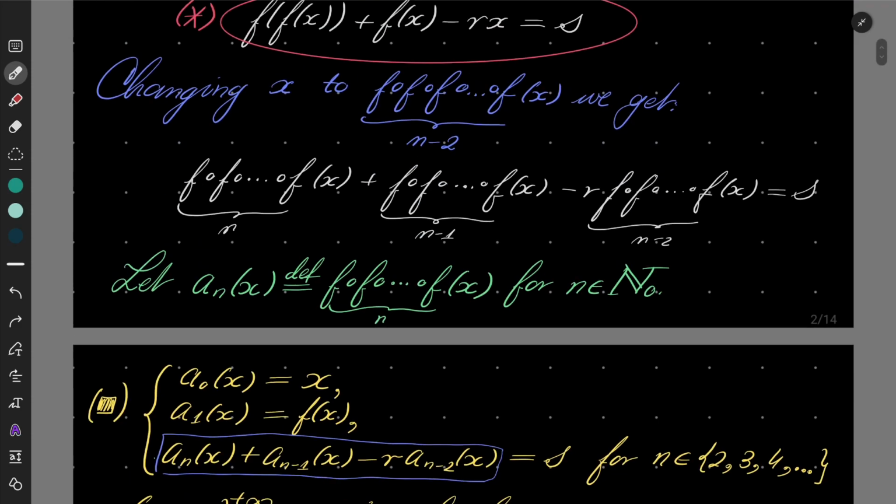I have considered a_n to be the nth composition of my function, to find a recursion and to solve it.